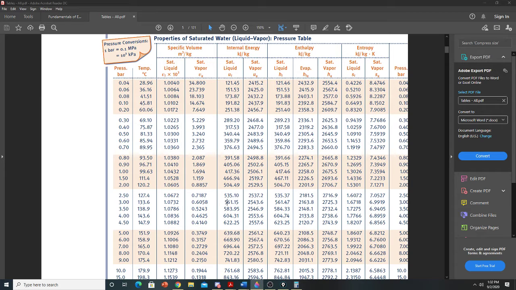We have x2 equal to our volume, which is 0.847, minus our vf value, 0.0010528, which I got from right here. Then we enter down to the next one, which is 1.159 minus 0.0010528.